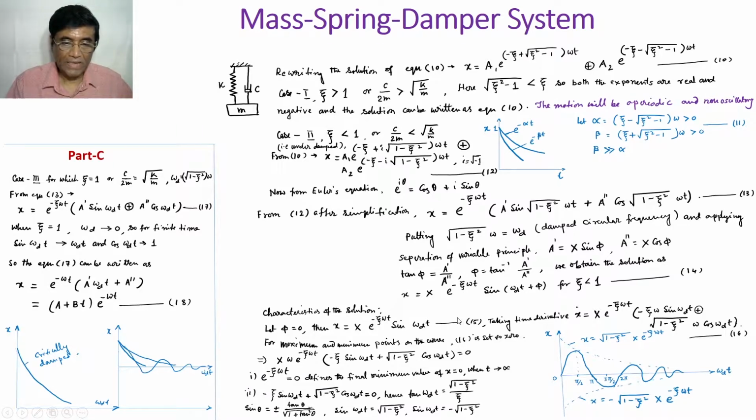Everybody is with me? So now the characteristic solution, right? Now we can put phi equal to 0 without loss of generality, because we are interested in simplifying it and seeing how the oscillation will be. So it will start from 0. But if it is not, then of course phi will have some value. But for simplicity, we are assuming this is 0.